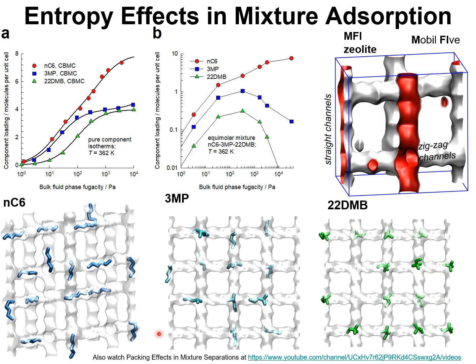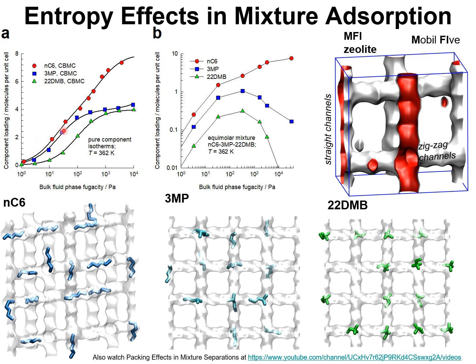In order to appreciate the use of MFI zeolite both as a catalyst and as a separation agent for the alkane isomerization process, let us examine the unary isotherms of normal hexane, 3-methylpentane, and 2,2-dimethylbutane in MFI zeolite at a temperature of 362 Kelvin.